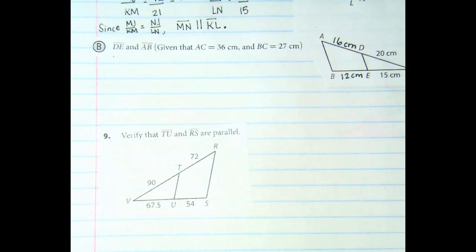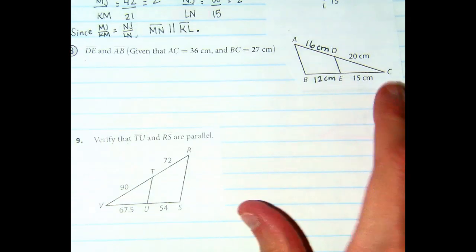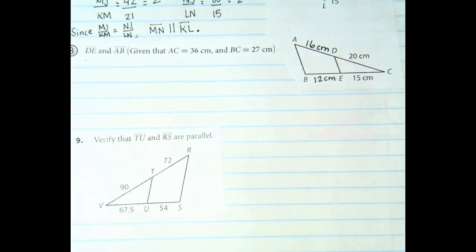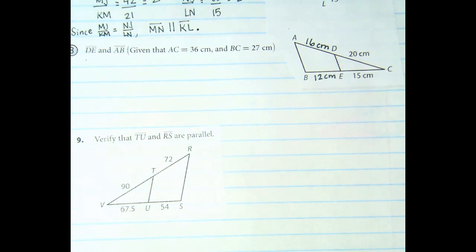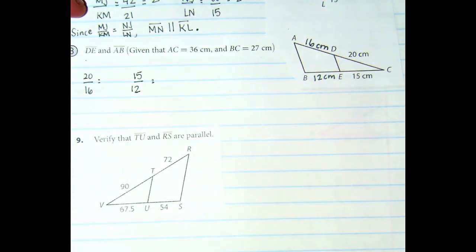Alright, letter B, after we found these pieces, what did you guys set up to determine if they were parallel or not? Okay, 20 over 16 and 15 over 12. What did those reduce to? It reduced to what? 1.25?